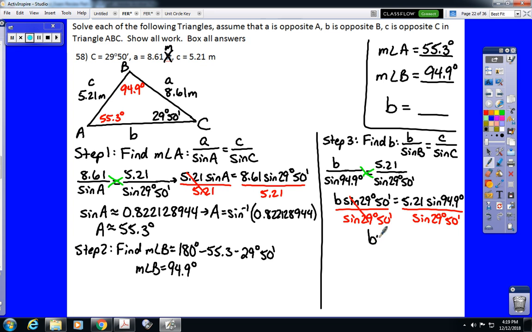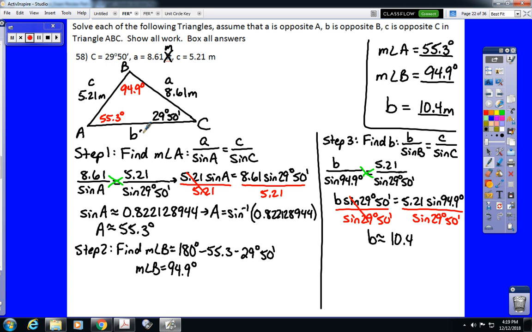So b, rounded to 3 significant figures, would be 10.4 meters.